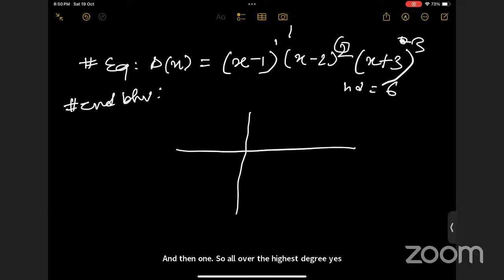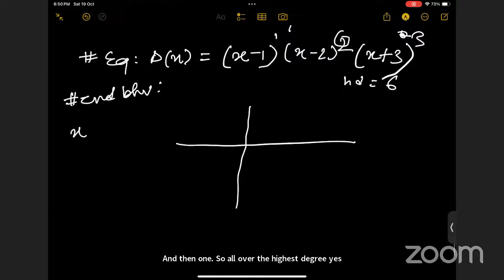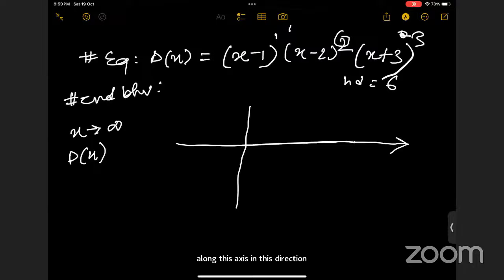So now we can check the end behavior. When x tends to infinity, that means if we just move along this axis in this direction, then what can we say about p(x)? p(x) will be tending to infinity, right? Because x plus 3 tending to infinity, and (x plus 3) cube will again tend to infinity.